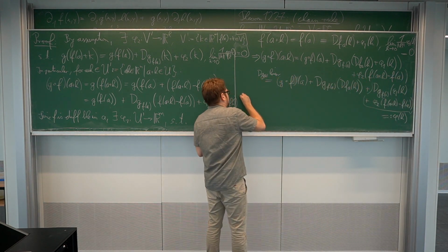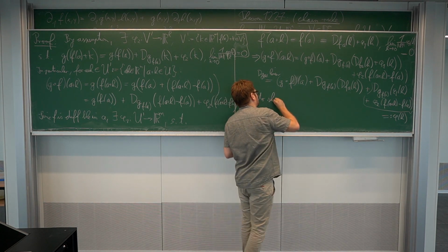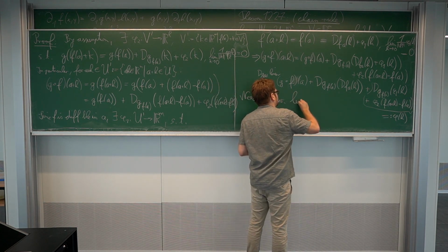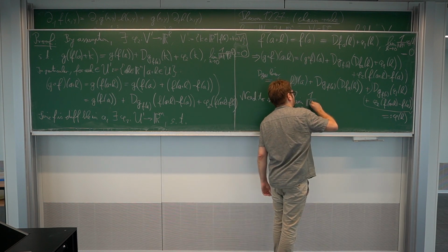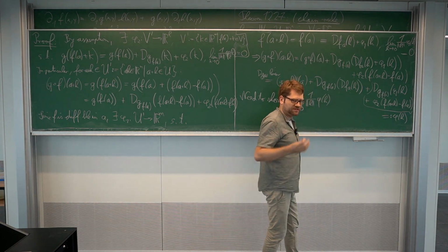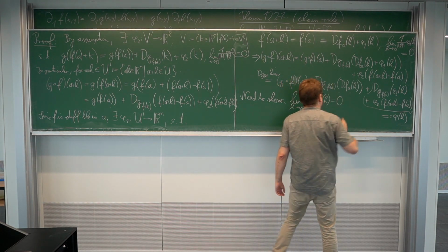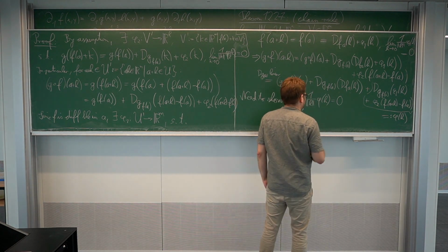So we need to show that the limit as h goes to 0 of 1 over the norm of h times this rubbish map phi of h goes to 0. Then the claim follows.